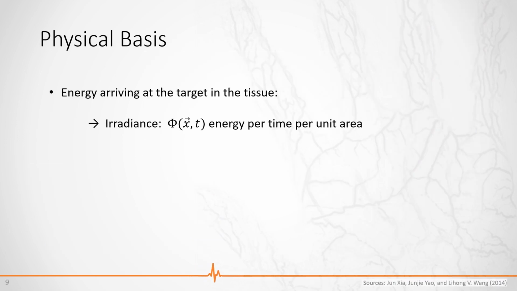At the core of the signal stands that absorbed light is transformed to a pressure wave. The delivered light at a certain time, at a certain point in the tissue, can be described by the irradiance.